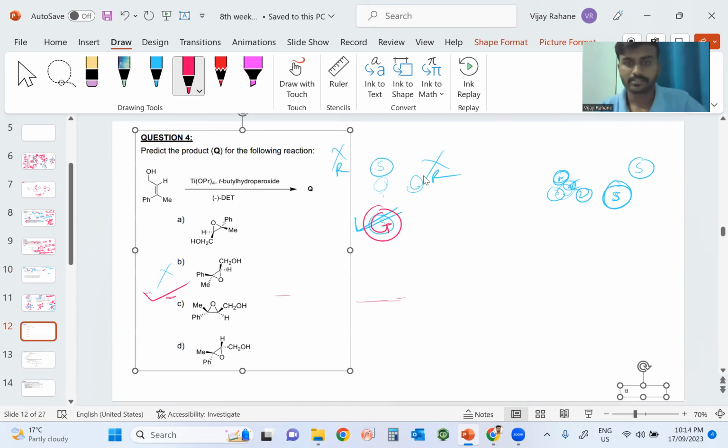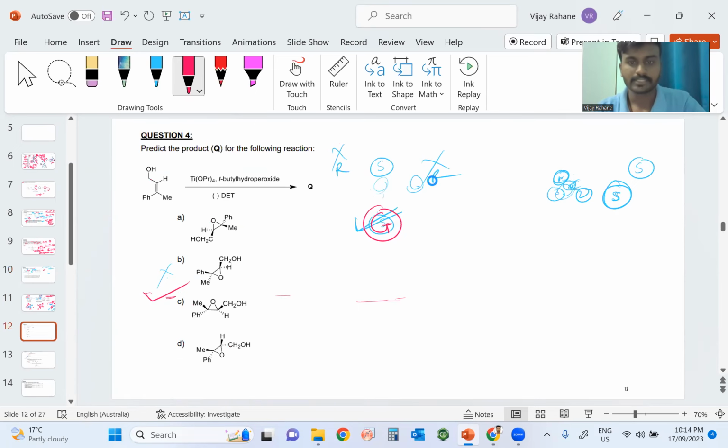I will just, somehow this one is getting stuck here. So if you have any doubt, please paste it in the chat box so we can clear that out as well.